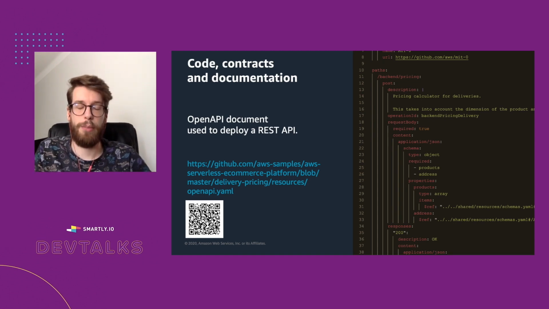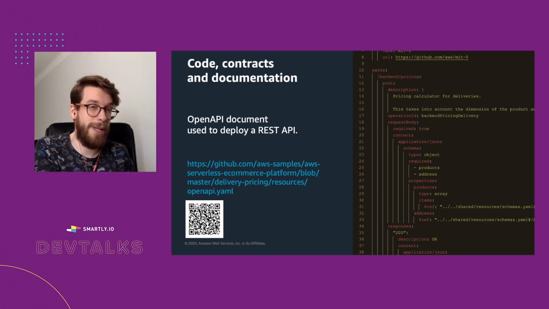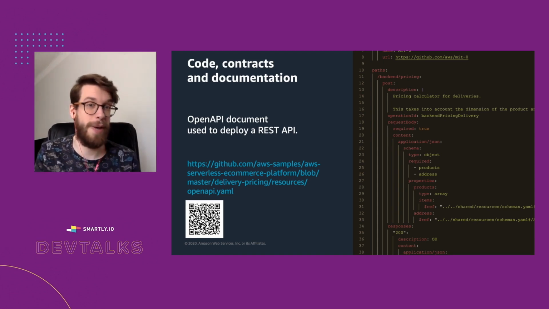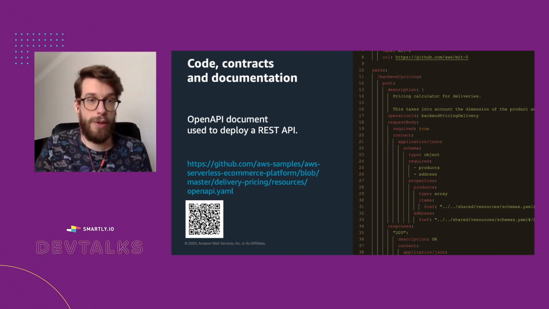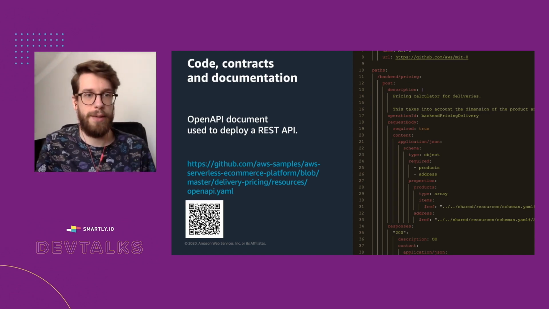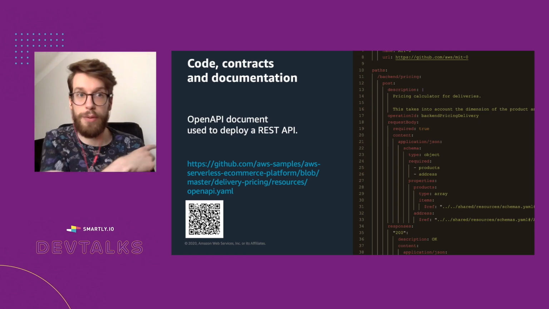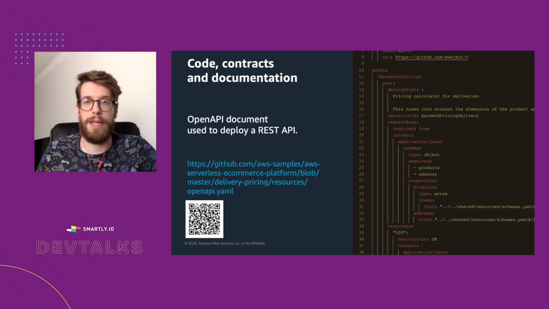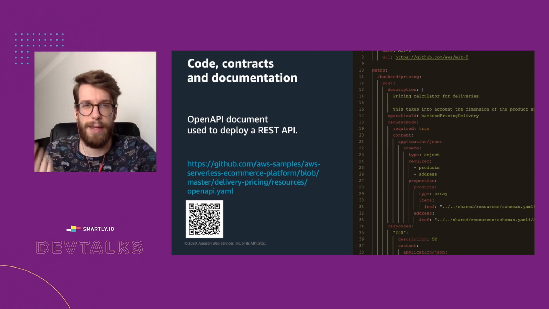I mean, you can use an OpenAPI document. But an OpenAPI document is documentation. And because it's the one that's used to deploy things, it's proof of contract. Because I can just go to another team and say, hey, look at this OpenAPI document. That's the one we use to deploy our resources. Therefore, that makes it easier for them to have a level of certainty that that's what happens.